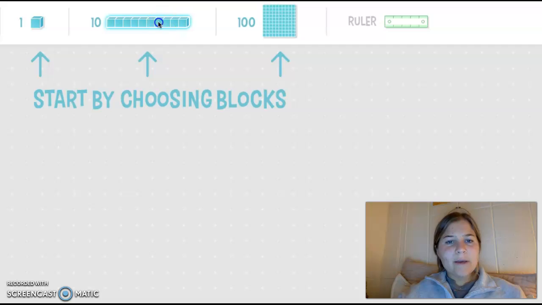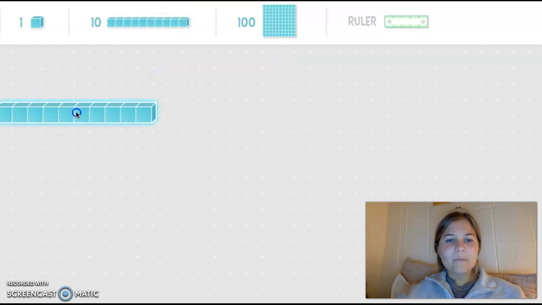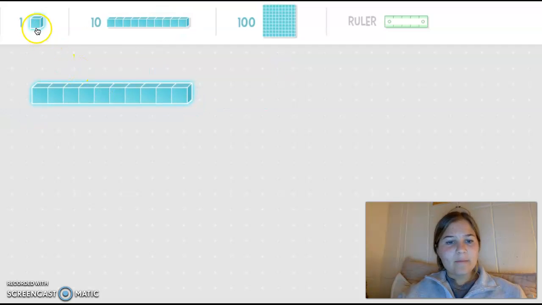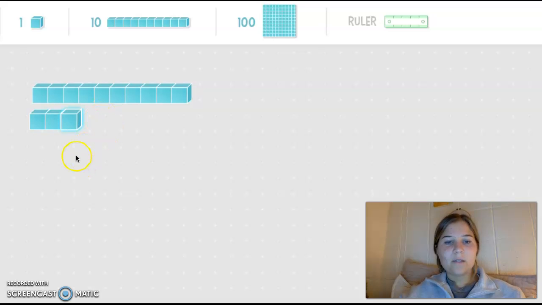And I just want you to play around with some of these blocks. So you might create the number 13. So here we have 1 ten and 3 ones, which gets us 13.